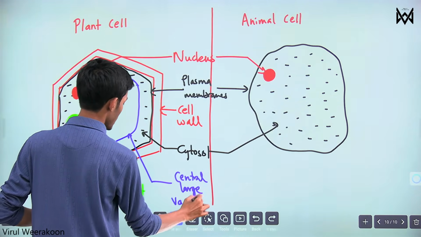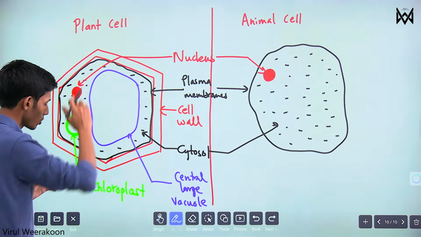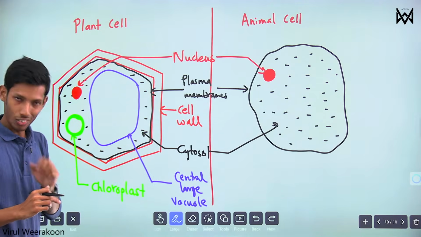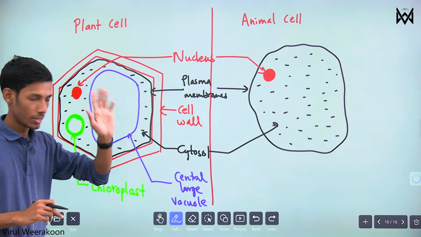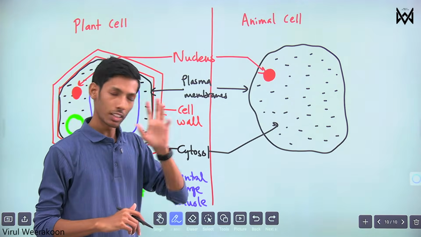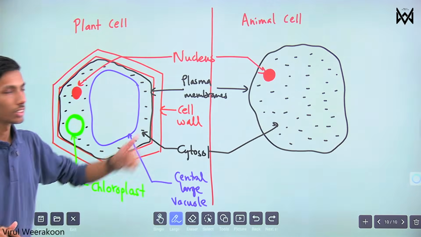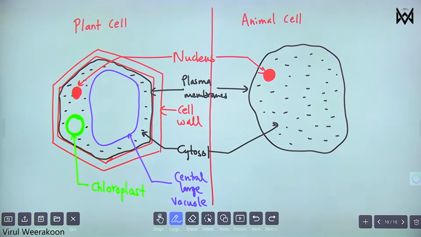You will notice a central large vacuole, an outer covering cell wall, and green colored chloroplasts. Got it? So when comparing with the animal cell, they lack those three structures. Then you can find out this is an animal cell, and this is the plant cell. Note this down quickly.